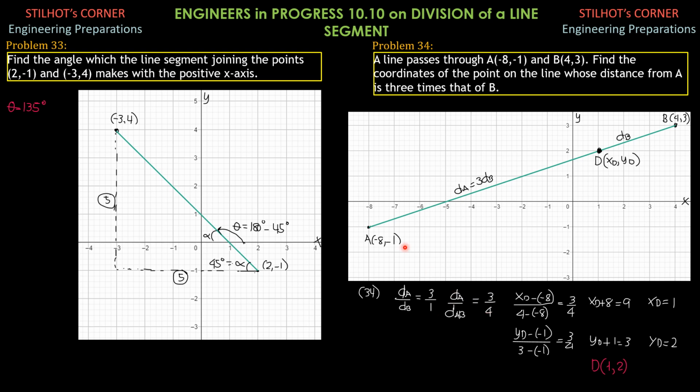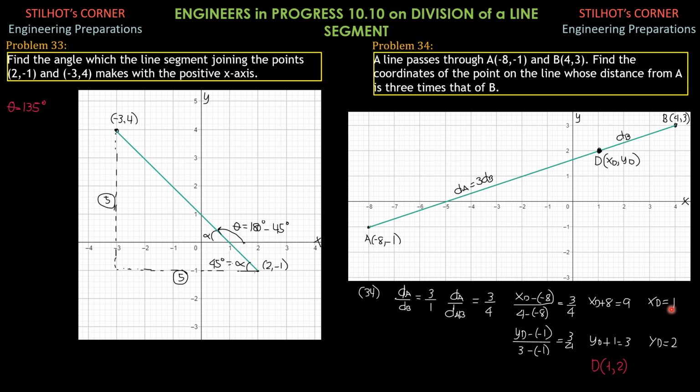Distance from A is the ratio of horizontal projections also. So it is xD minus negative 8, as to the horizontal projection of AB, 4 minus negative 8, equal to 3/4. So xD plus 8 equals 3/4 of 12. 3/4 of 12 is 9. Therefore, xD is equal to 1.